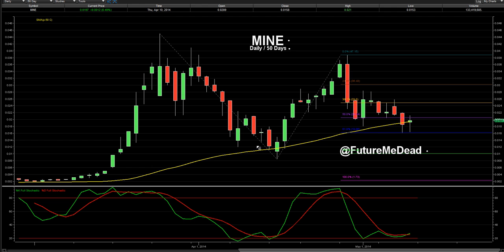So there is very large potential, but working in minimums, I do see at the very least this stock going to 2.5 cents. What that's going to allow us to do, since we bought below 2, is place a stop loss at break even.